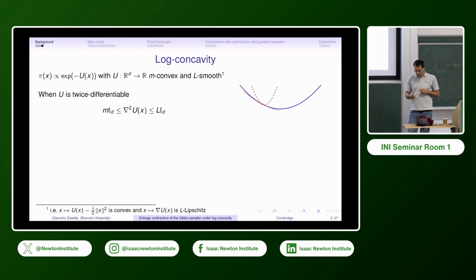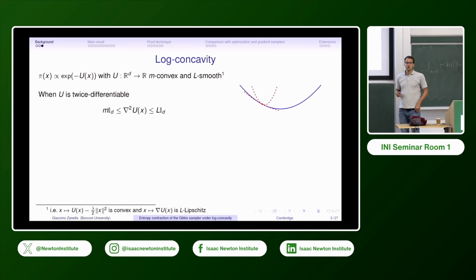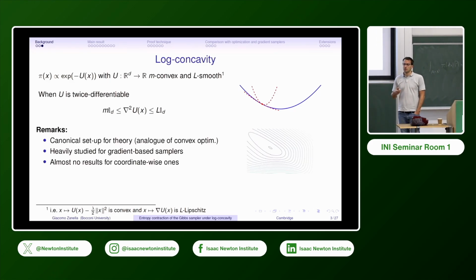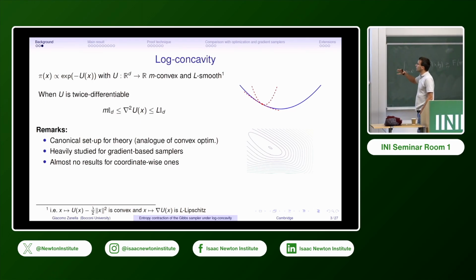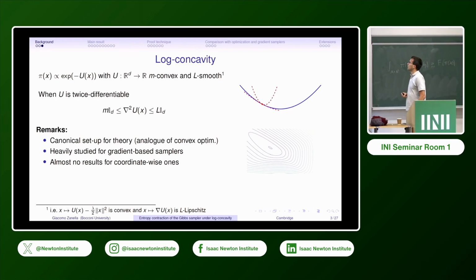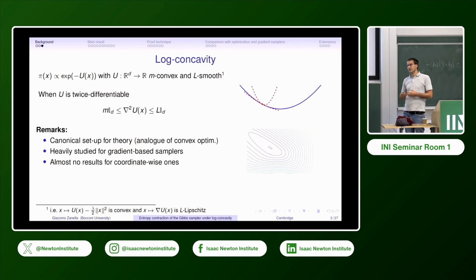I think most people here will be familiar with this kind of assumption. It's the classical setup to provide non-asymptotic results, and it is very much an analog of the more heavily developed convex optimization literature. And what I want to remark here is that it's a setting which is very heavily studied for gradient-based methods. There are still a lot of open questions, but there are a lot of results about gradient-based methods for this setting.